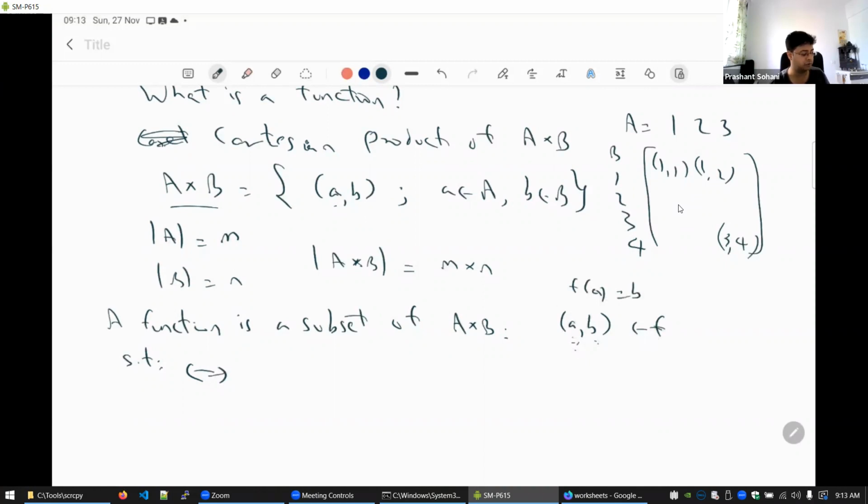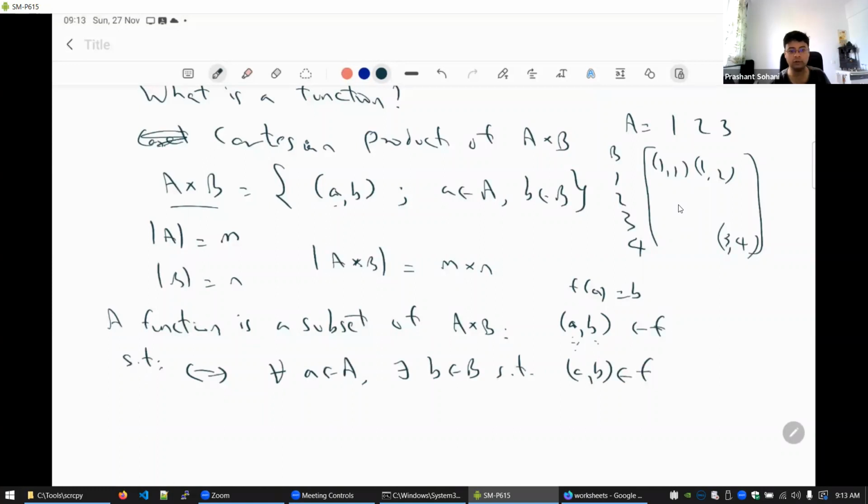So as you said, Anushka, every element of A has to have some output in terms of your mapping, right? So therefore, for every element of A, there has to exist a b such that a comma b belongs to f.